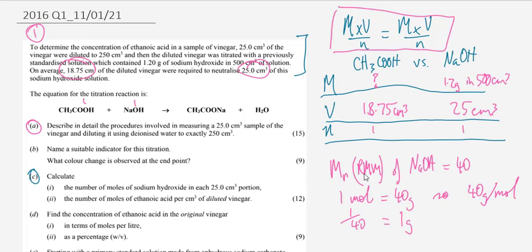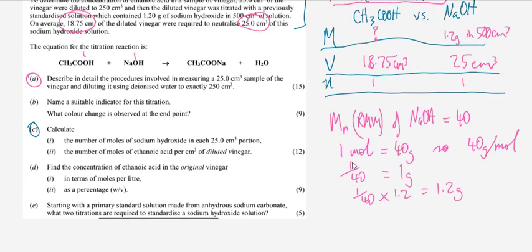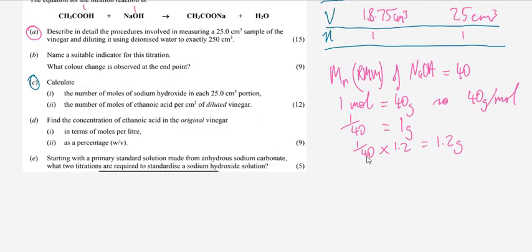So 1.2 grams would equal, and bear in mind, this will be in units of moles. Okay, I've done it kind of backwards there. Normally I have grams on the left, but this is fine.